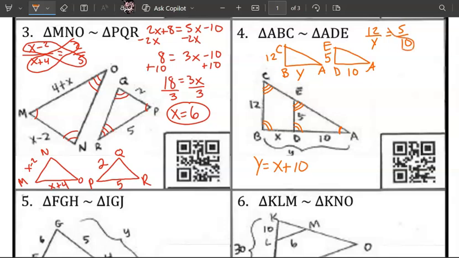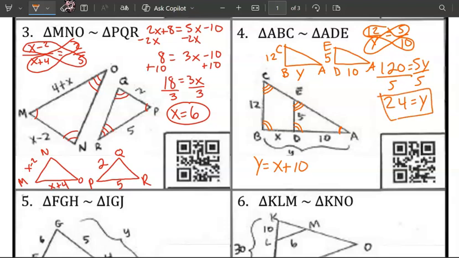Cross multiply, we get 120 equals 5y. Divide each side by 5. 24 equals y.